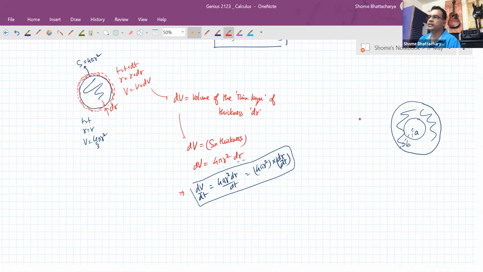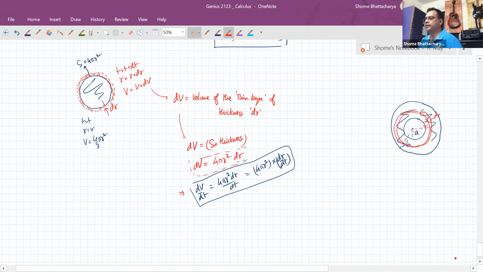So later we will see that we can calculate the volume of a shell like this by doing something called integration. We will slice this sphere into thin shells like this, where each shell has a very small thickness of dr and has some instantaneous radius r. So that shell's volume is given by this formula: dV is equal to 4 pi r square into dr. So the whole thick shell, from a to b, that volume will become the integration of this from r equal to a to r equal to b.